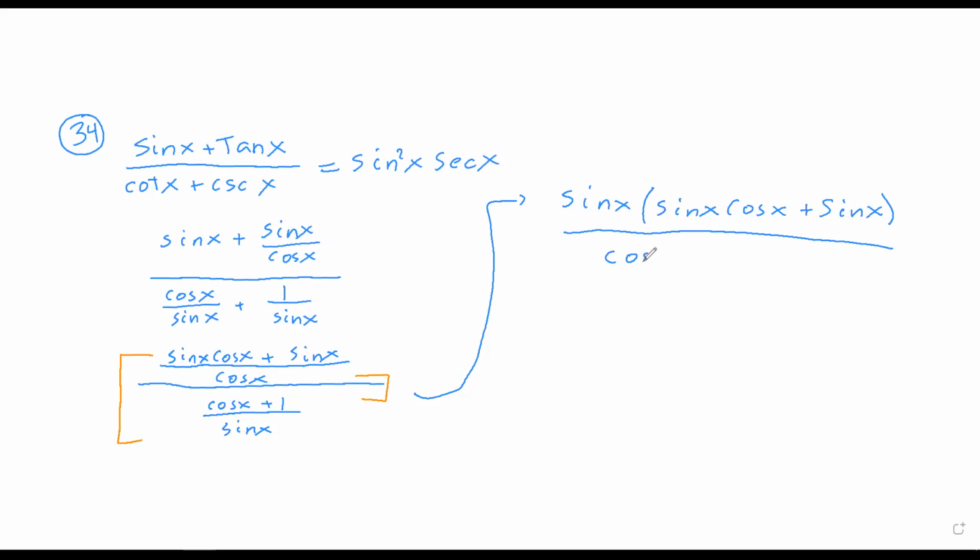And we have cosine of x multiplying cosine of x plus 1. Now here in the numerator, we can multiply everything. We're going to have sine squared of x times cosine of x times sine squared of x. That's just multiplying by the sine.